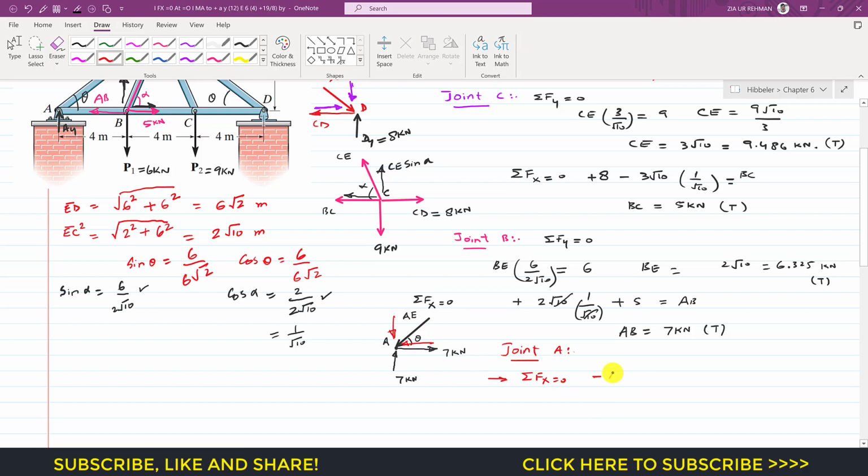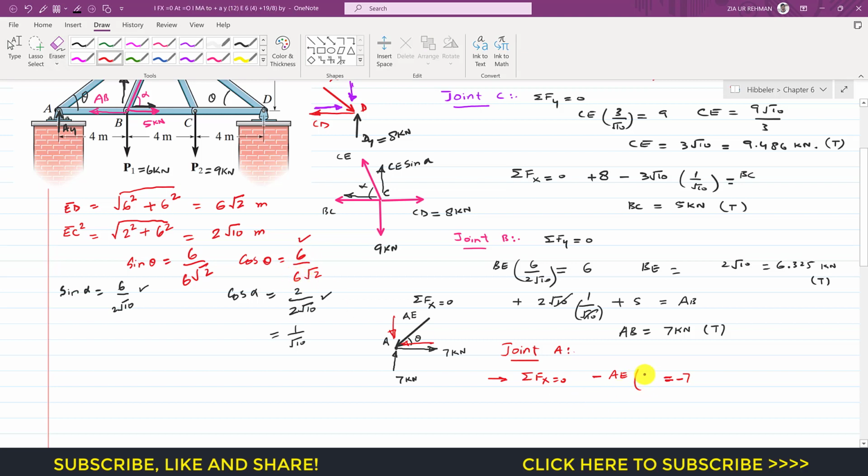I will write minus AE cos of theta and plus this 7 kilonewton force. So this is 7 and this is equal to 0, and I can bring this 7 kilonewton force into the other side of the equation, and cos of theta is 6 divided by square root 72, or we can say that it is 1 divided by square root 2.